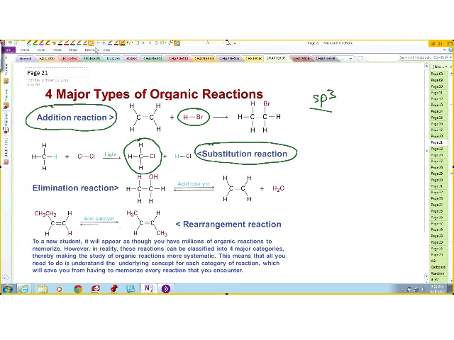Then we have what we call elimination reactions. In the elimination reaction, what are we doing? Can anybody tell me what we are doing here?